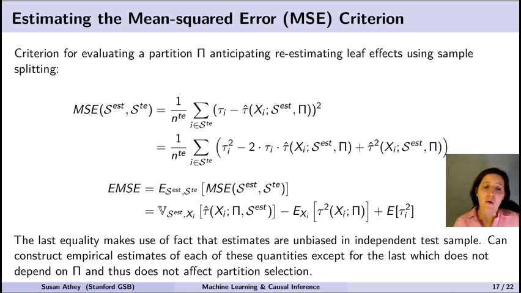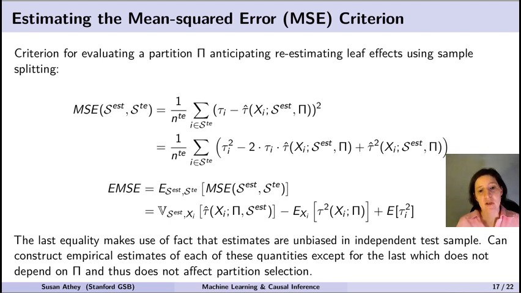Now, I can then think about what the expected value of this mean squared error would be, where I'm taking the expected value over a training set and a test set.